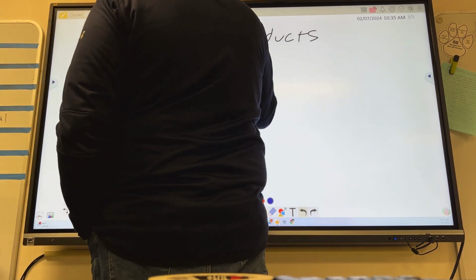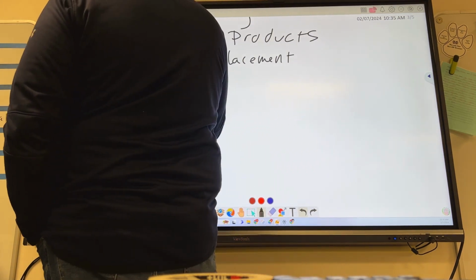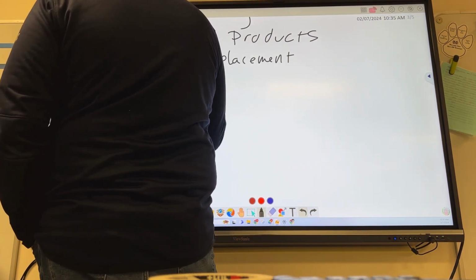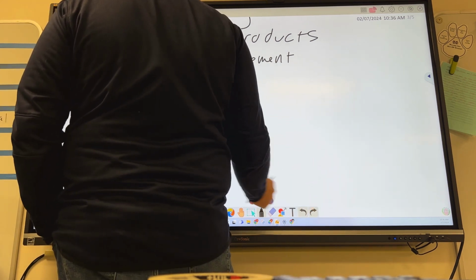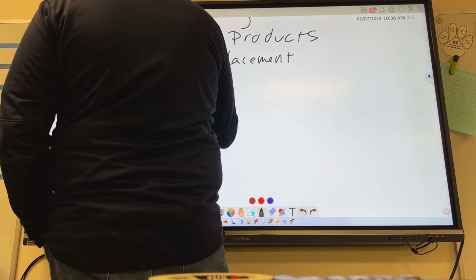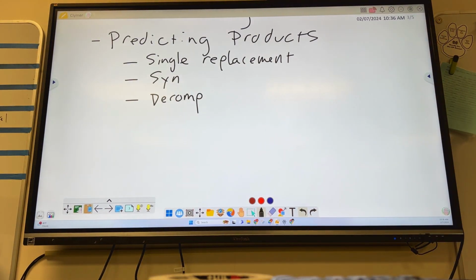Single replacement, synthesis, and decomp. Double replacement and combustion are not on this yet. We just did the lab yesterday for double replacement. That will be coming soon. But for the quiz tomorrow, just these 3 types.